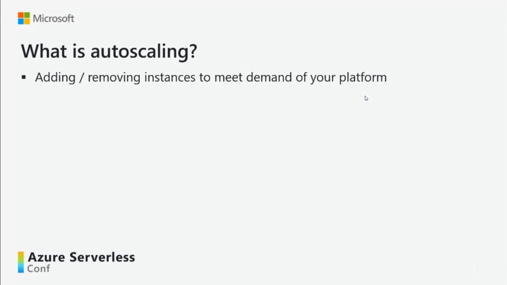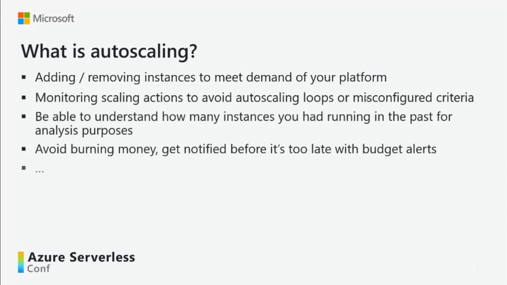However, if you have a look at the full picture, there's more to it than you think. You should also monitor all your scaling actions to see if your auto-scaling criteria is working correctly or if you have auto-scaling loops. You should also be able to understand how many instances you are running at a given point in time. Certainly when you're doing analysis of incidents, this is super essential.